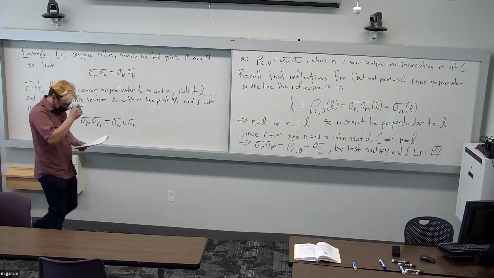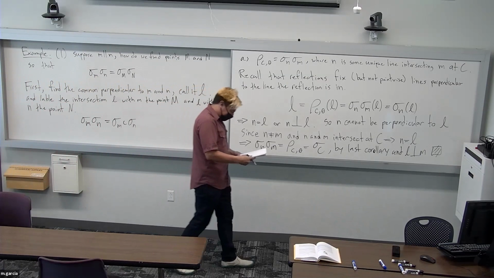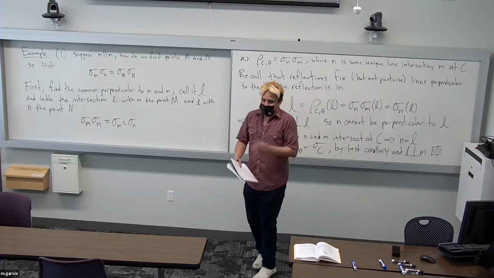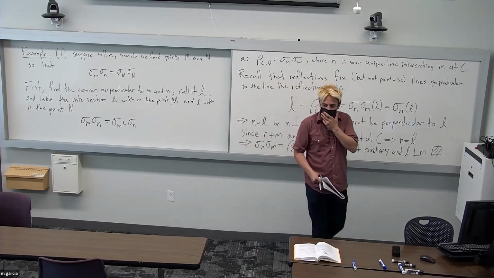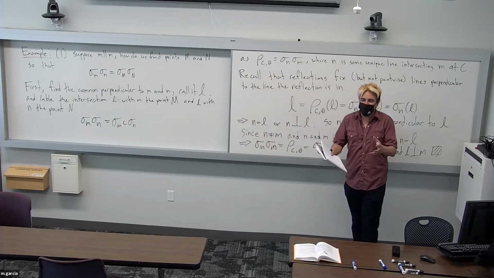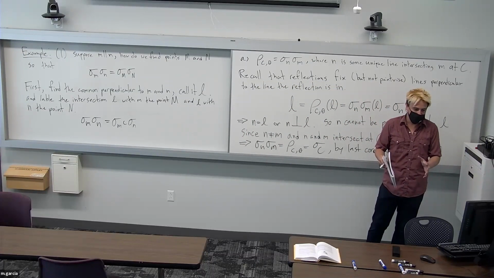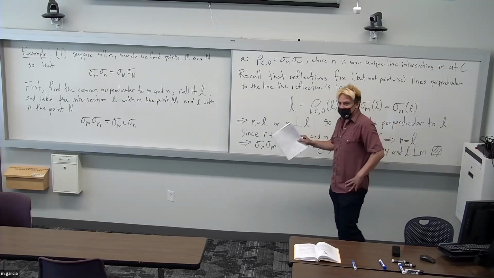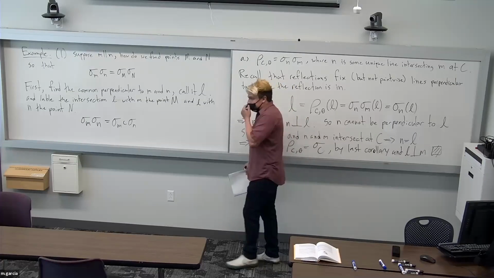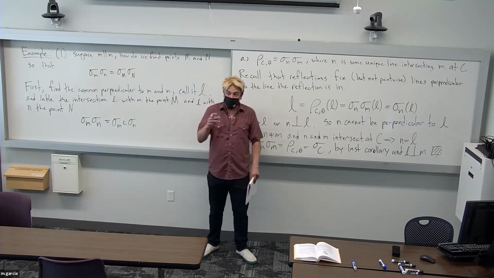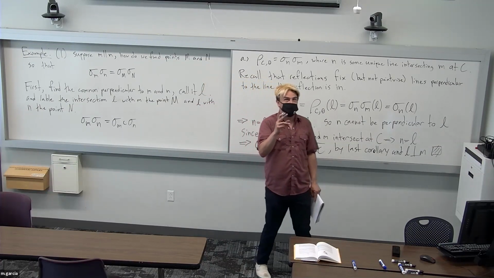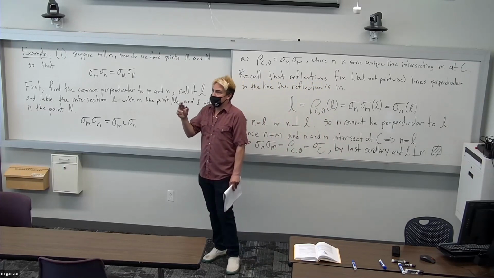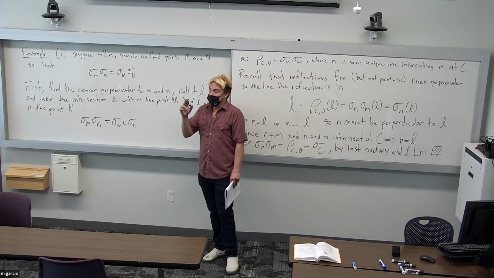Now, what's a way to express iota? There are lots of expressions that reduce to iota, but there's one that's particularly useful to us here. I'll give you a hint, especially if you think about the corollary of how to express a half turn as a product of reflections in intersecting lines.